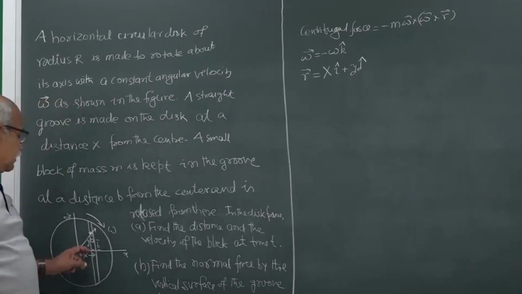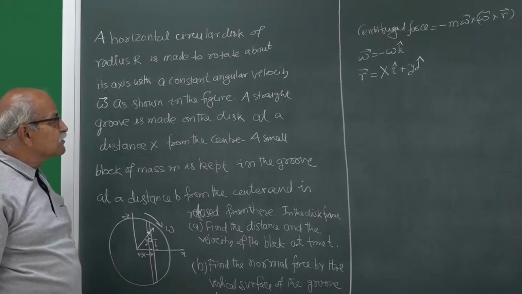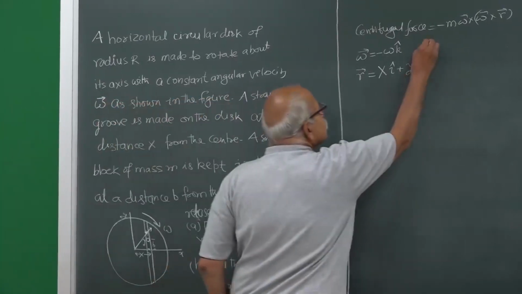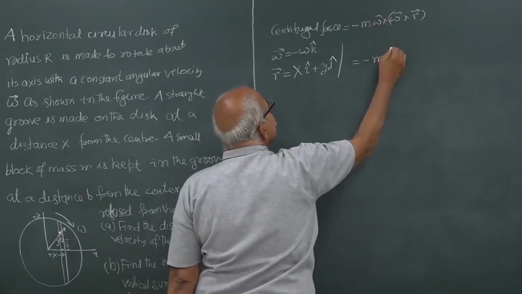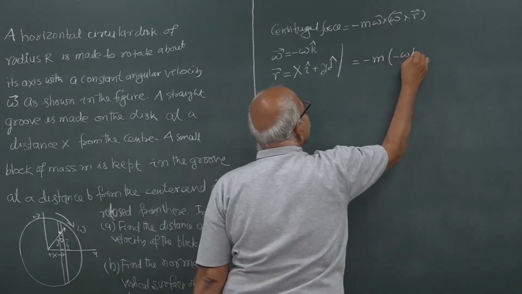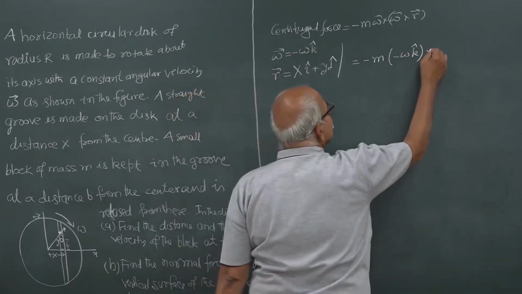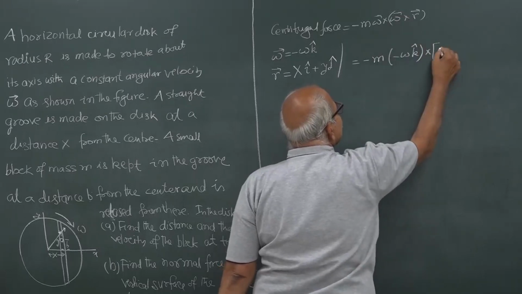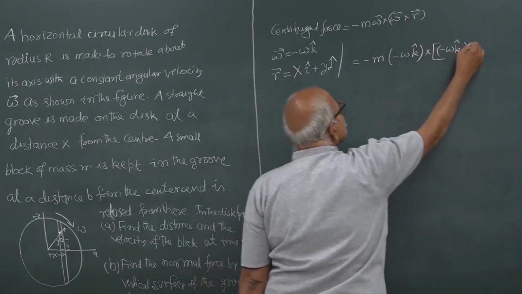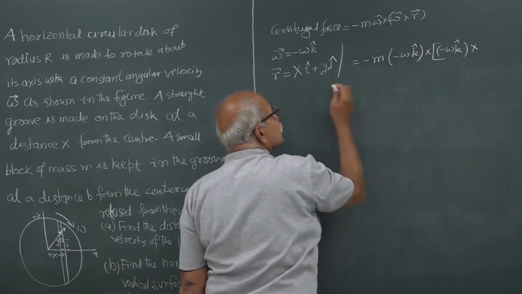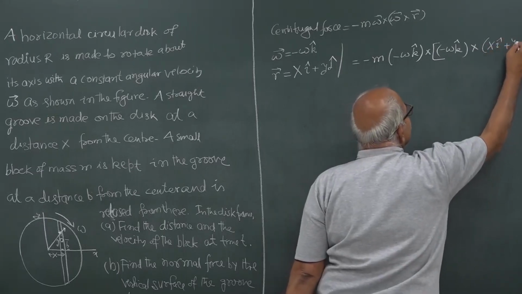Small y is variable, as a function of time this will increase, capital X will be fixed. So, you can write this as equal to minus m, and this omega vector is minus omega k cap, and then cross this omega is again minus omega k cap, cross r vector, which is capital X i cap plus y j cap.